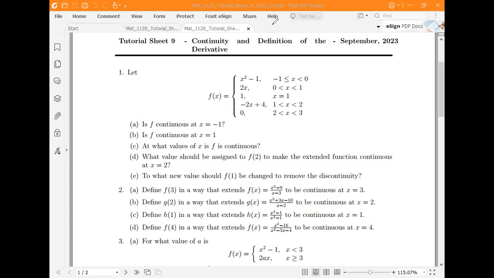Isn't it that the function is 0 at 2? Who is able to see which function includes 2? Okay, the last one.